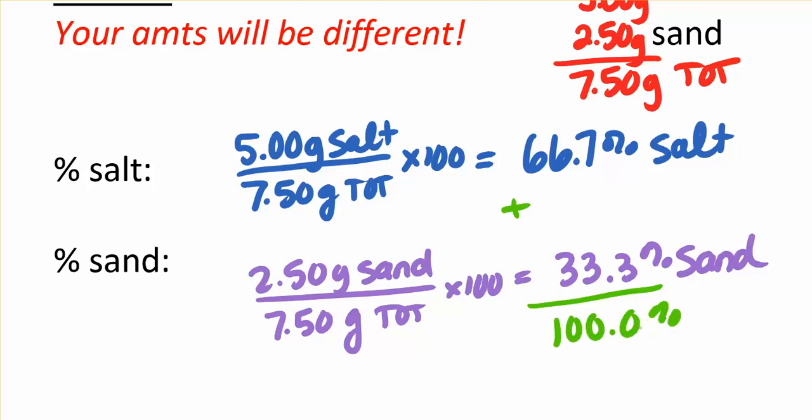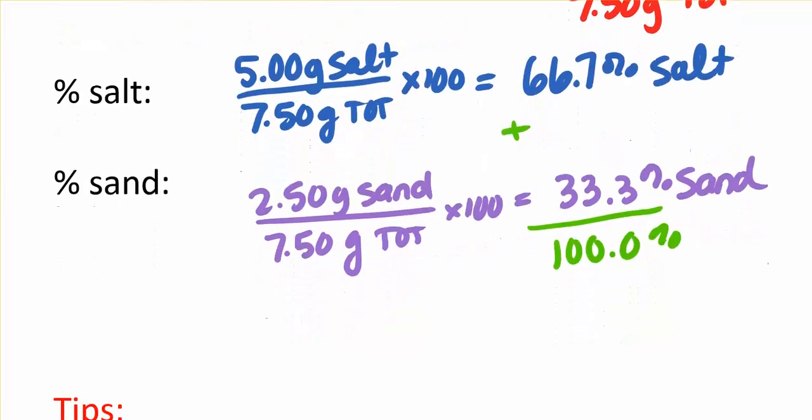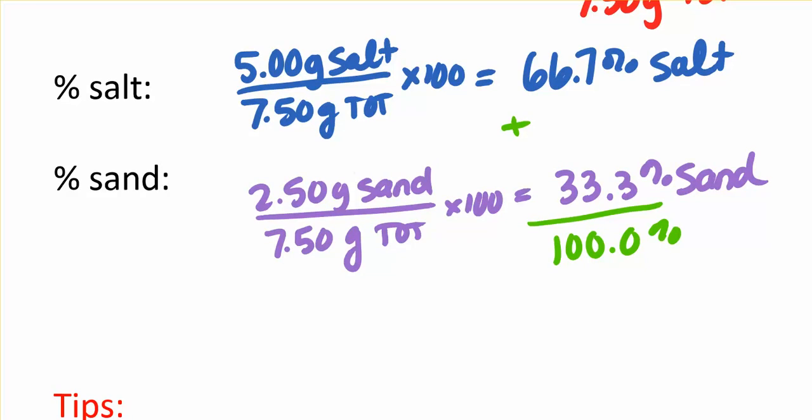Sometimes they don't quite. Sometimes this last digit can be off due to rounding, especially if there's more than 2 components. But they should come pretty close to 100% because you're telling what's in the mixture, and so if you're telling all the ingredients, they should add up to 100%.